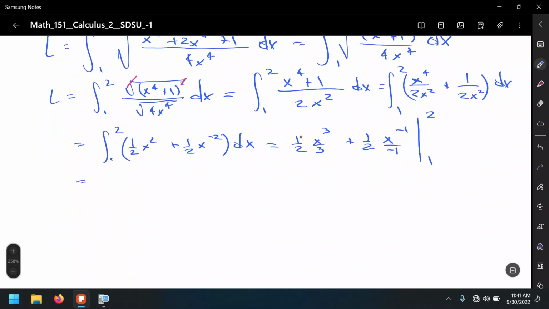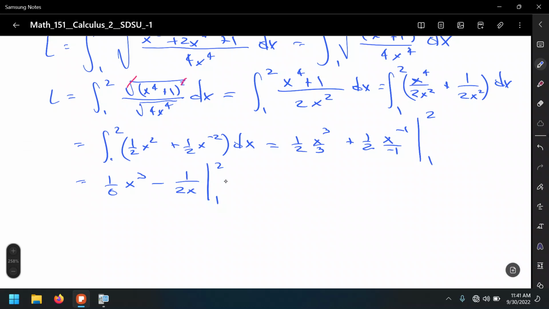So this is 1 over 6 x cubed, minus 1 over 2x, evaluated from 1 to 2. The rest of the problem is the fundamental theorem of calculus, f of b minus f of a.